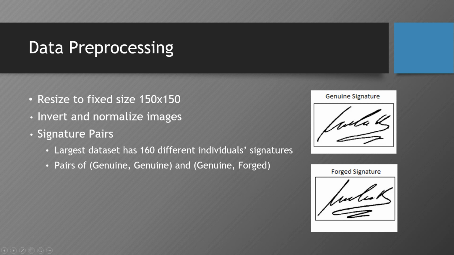One pair type is genuine, and the second pair type is genuine forged. So then our new data set will be 50% of the pairs genuine, and 50% genuine forged. And you'll see why we use pairs because of the architecture of the model and how we set up the loss function.